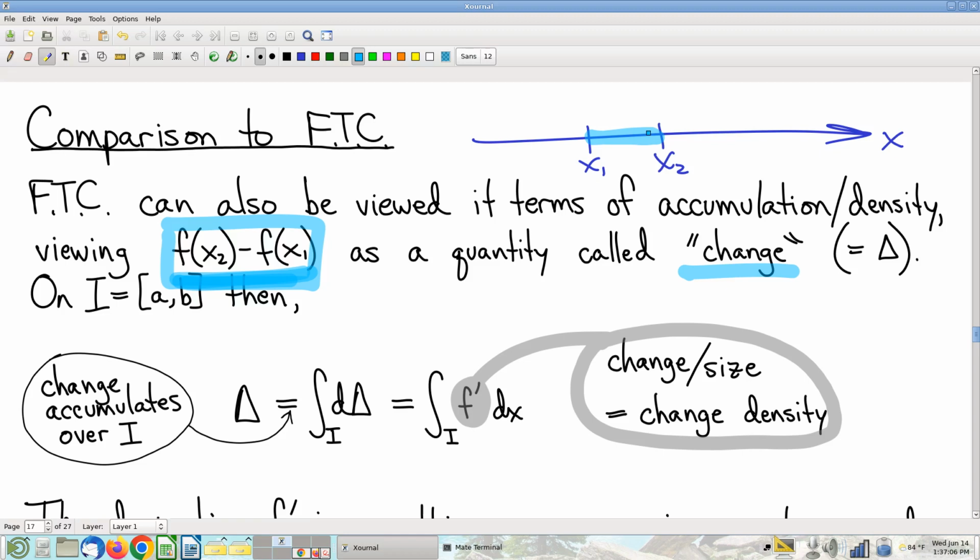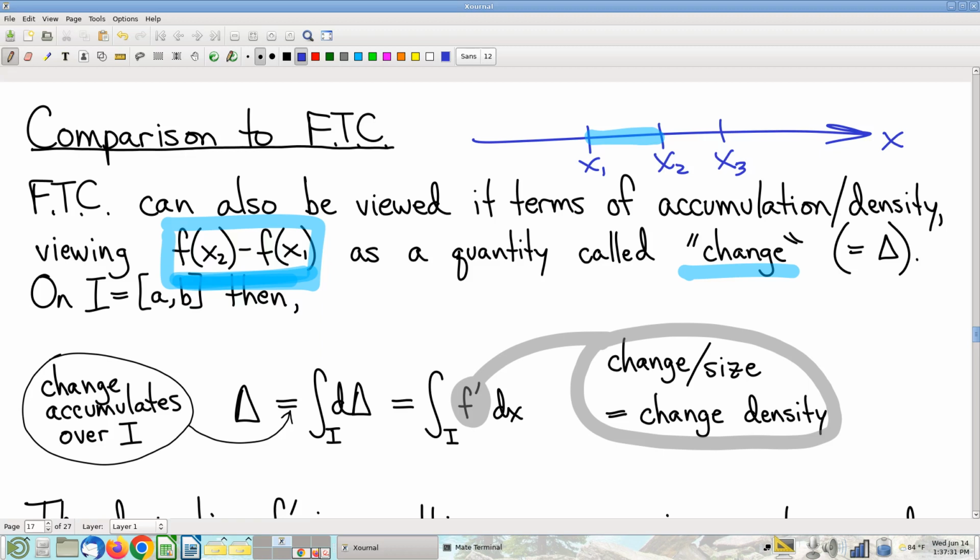And I claim that this is an accumulating quantity, in the sense that if a function changes by a certain amount between x1 and x2, and then changes by another certain amount between x2 and x3, then the grand total gives me the total amount of change between x1 and x3, right? I think this is pretty believable, right?